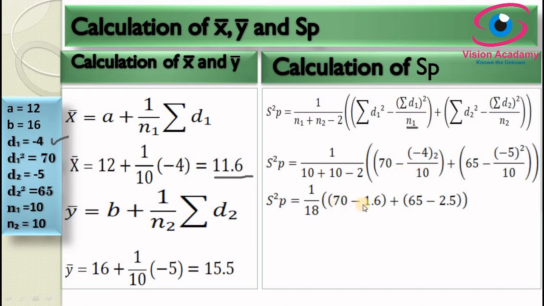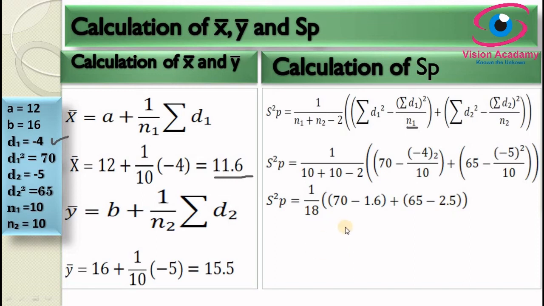So 70 minus 1.6. In the next step I will simplify this too. Here also the same thing, minus 5 into minus 5 is 25, 25 by 10, 2.5. So in the next step you can see 1 by 18, 70 minus 1.6 plus 65 minus 2.5.